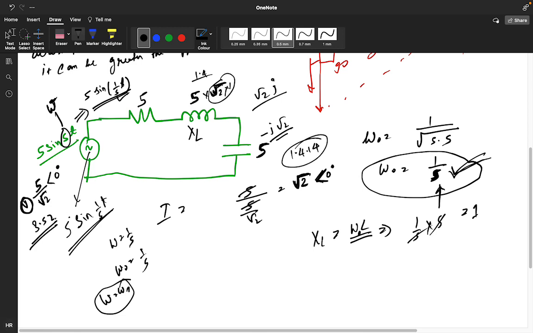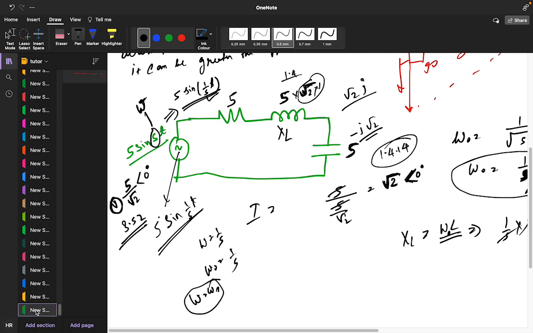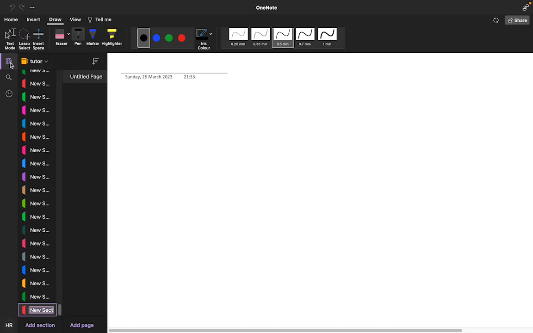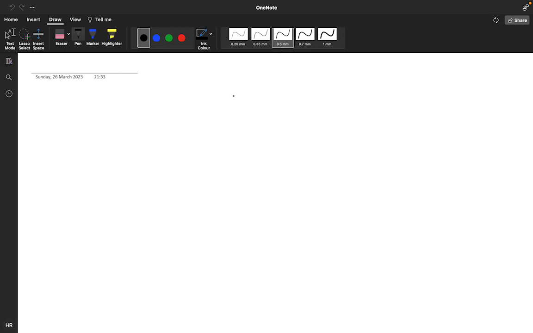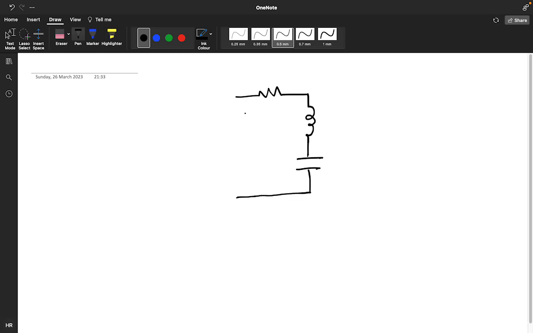Although these two are smaller than this, now if we change the circuit, if I take a different circuit like this, this is my L, this is my C, and this is my applied voltage. So I am taking now 1 sine 1 by 5t.